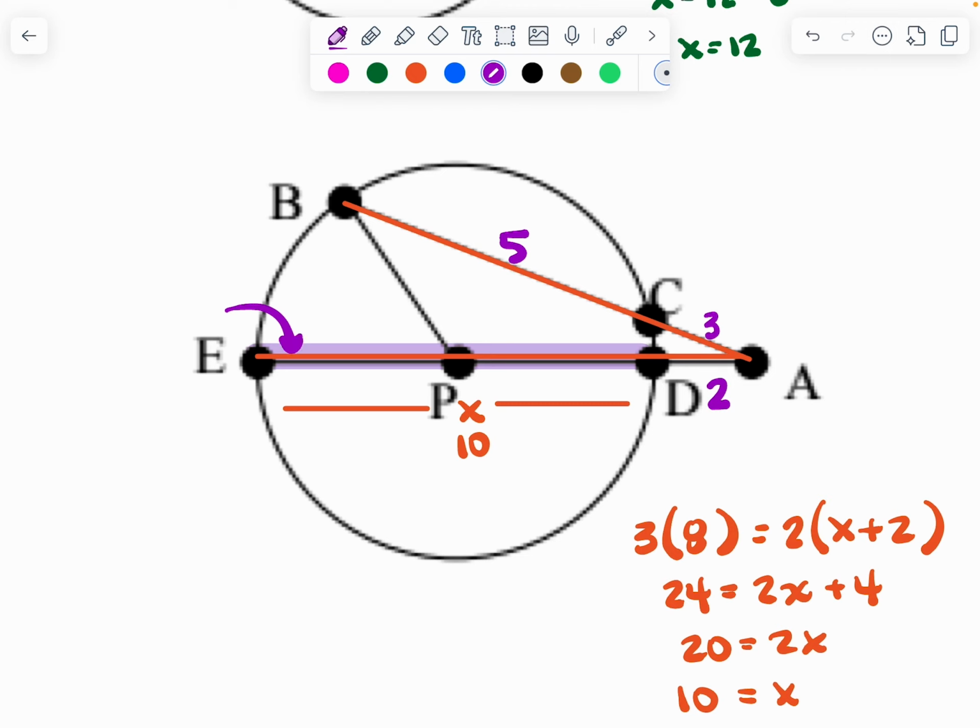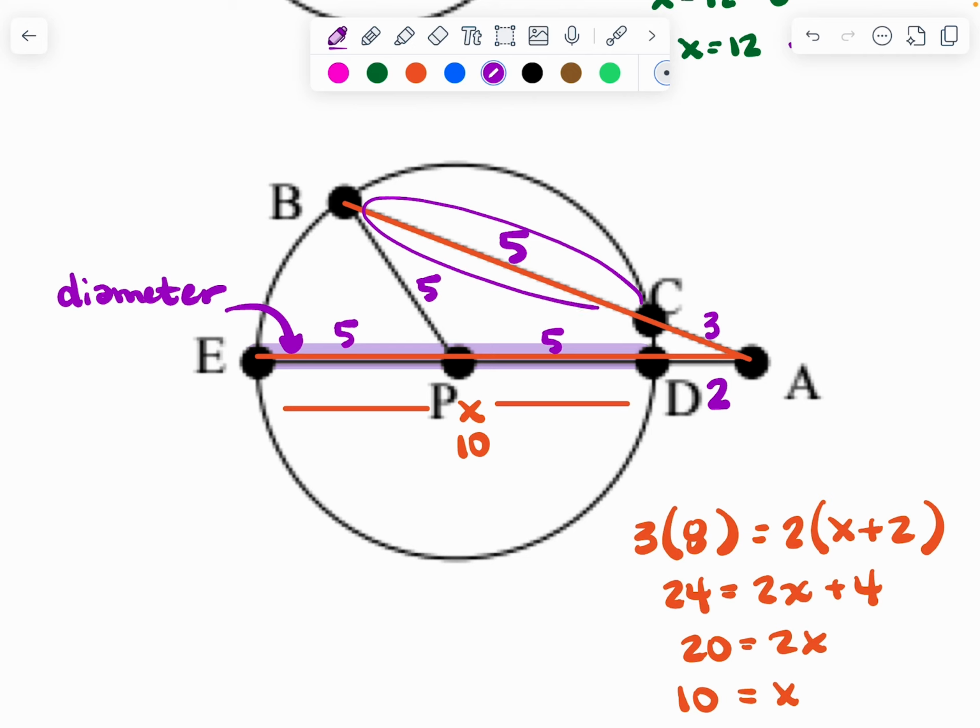And again, you have to catch those diameters when they're drawn in pictures, because they're really going to help you out. So if that diameter is 10, that means every single radius I see in this picture is 5. So 5, 5, 5. All of those radii are 5.